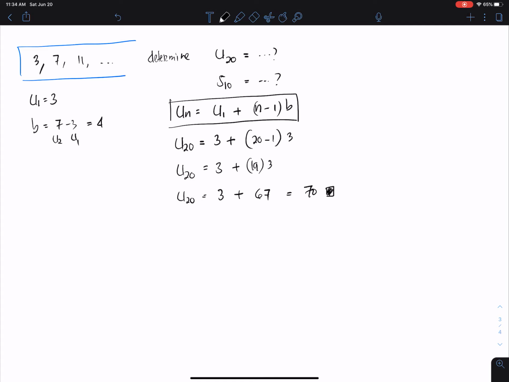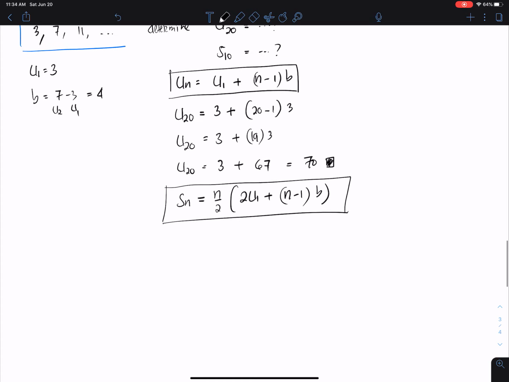The second one is S10, meaning the total of the first 10 terms. Again, if you remember the formula, that will be n over 2, 2U1 plus n minus 1 times d.